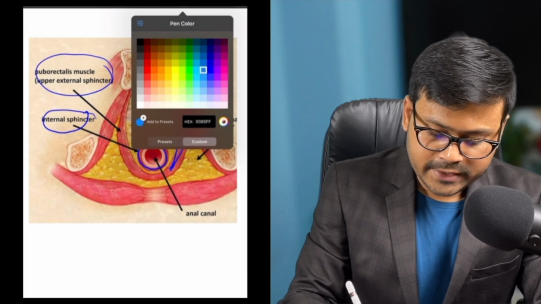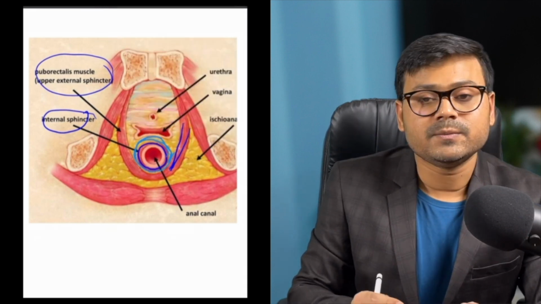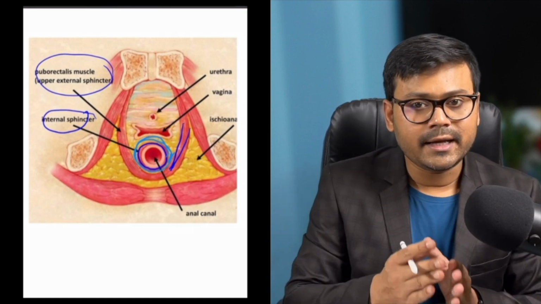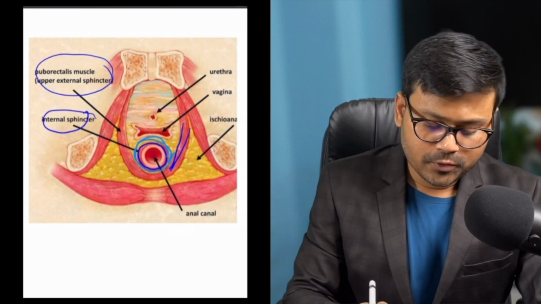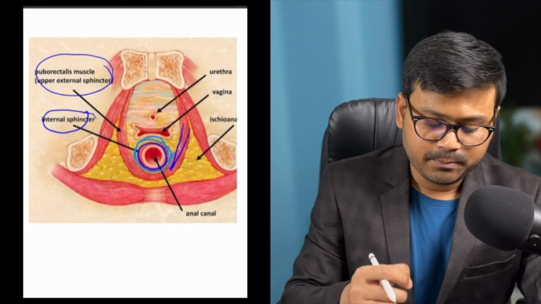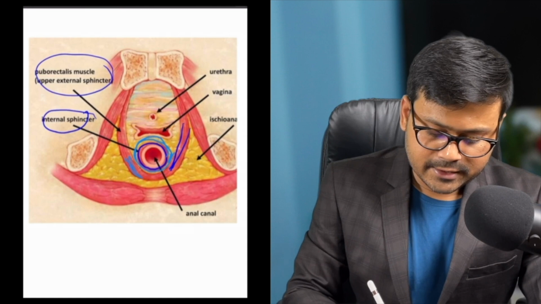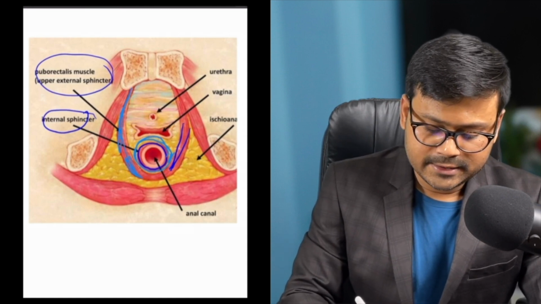So in axial image, that's intersphincteric space in between IAS and EAS, internal anal sphincter and external anal sphincter. And as I told before, the deep part of the external anal sphincter blends with puborectalis muscle. See this? This is the external anal sphincter and it is blending with the puborectalis.